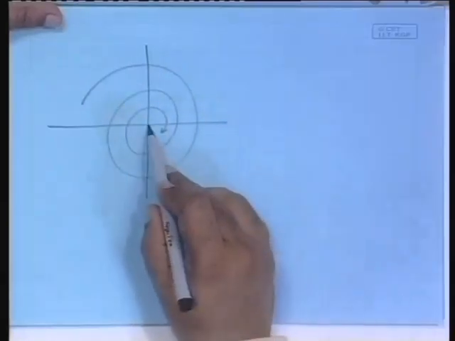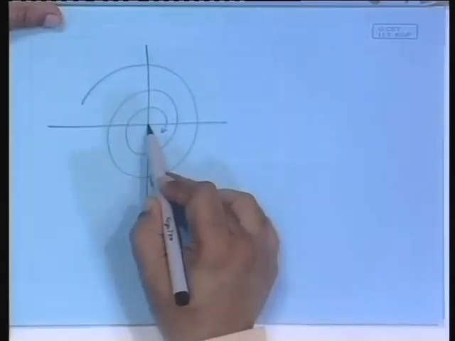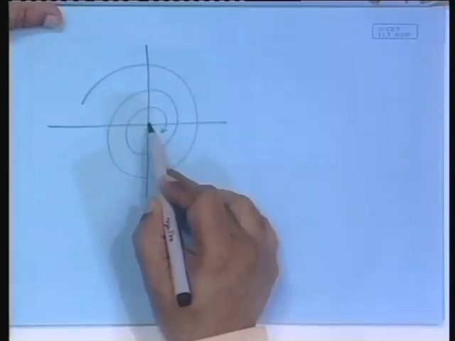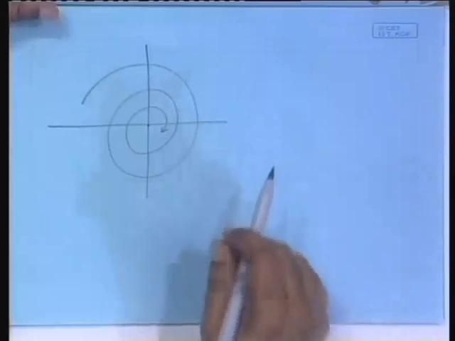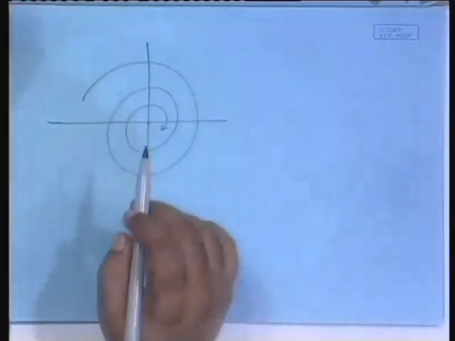What will you say about the equilibrium point? What is its name? Incoming spiral behavior. The equilibrium point will be called a spiral sink. Okay. Suppose there is a system with a spiral sink type of behavior.